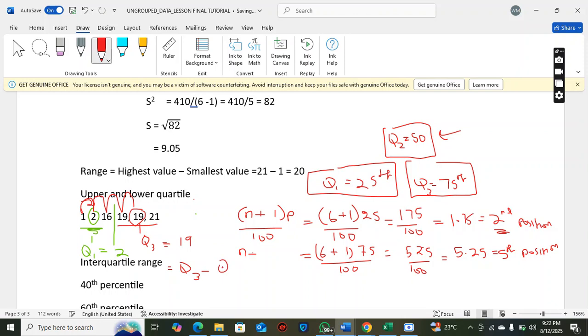Colleagues, I have to go for another class which is pending. Let me just finish up this one. I'm 20 minutes late. Upper quartile was what? 19. Lower quartile was 2. So the interquartile range is 17.